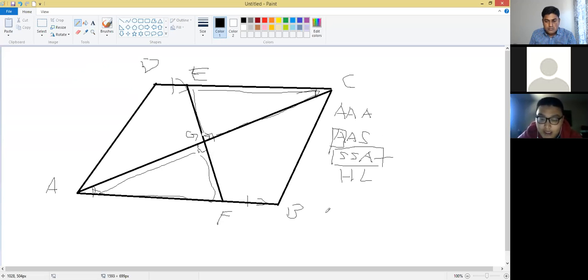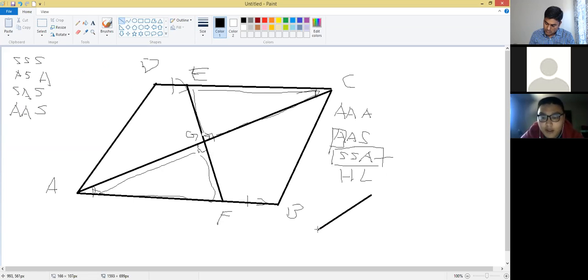The four things you can use to prove it's a congruent triangle are SSS, ASA, SAS, and AAS. That's what we mentioned yesterday. There's no SSA. So SSA, you look, it seems right, but it's not, because with SSA you cannot prove it. I will tell you why.